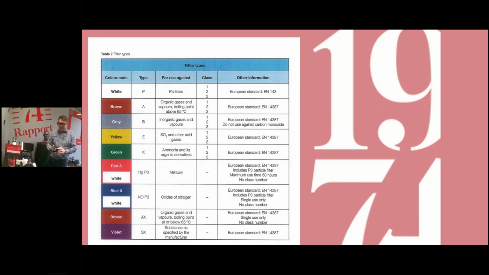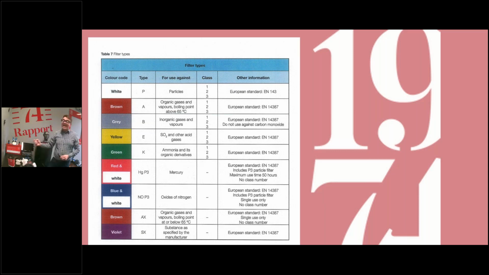Here we have an ABEK filter, which is quite a common filter: A, organic; B, inorganic; E, acidic; and K, ammonia. As it stands, this filter will not offer particulate protection. We can also get combination filters, so we can see by the color coding, we've got an ABEK filter that also offers particulate protection.